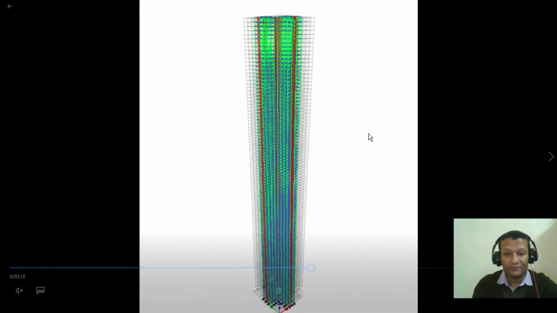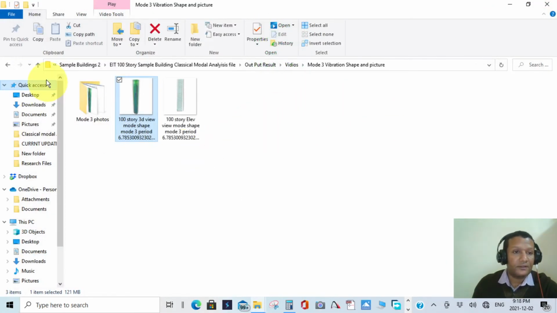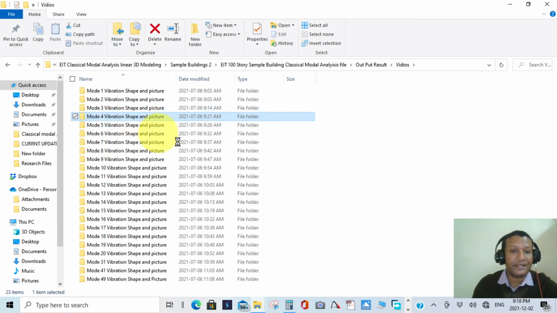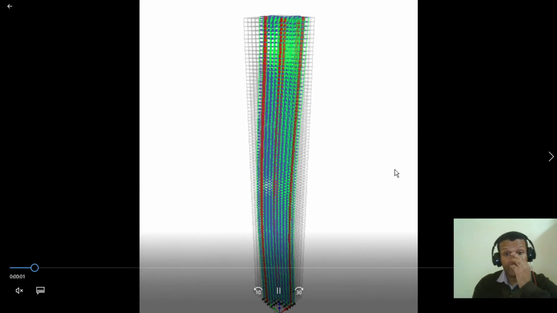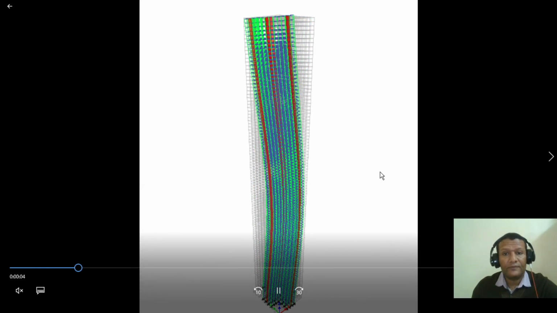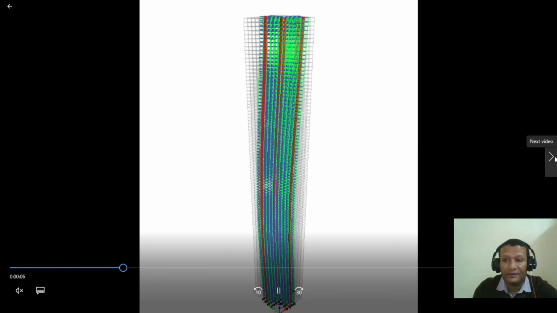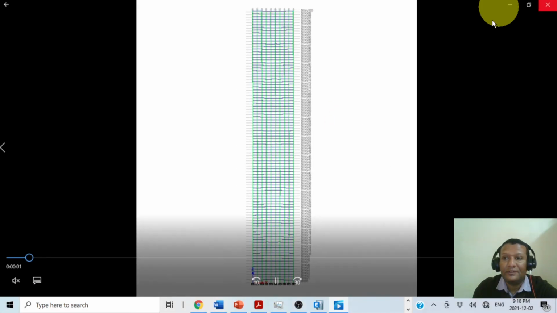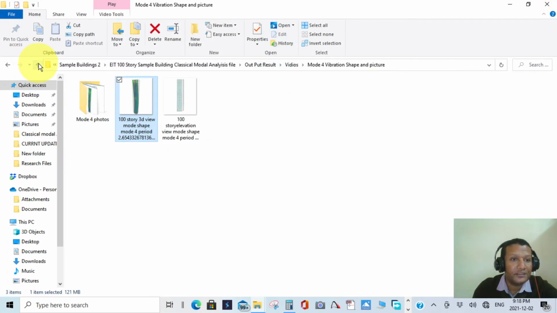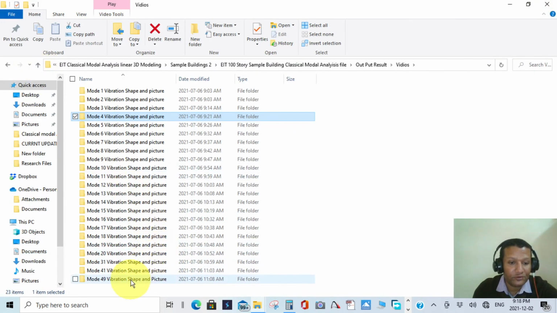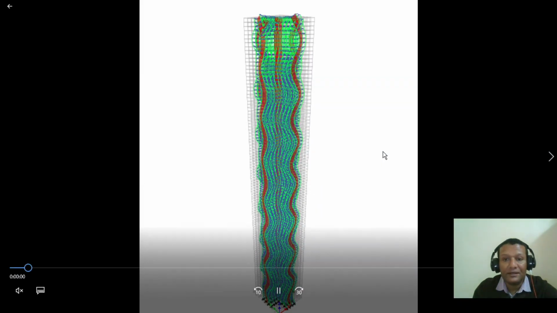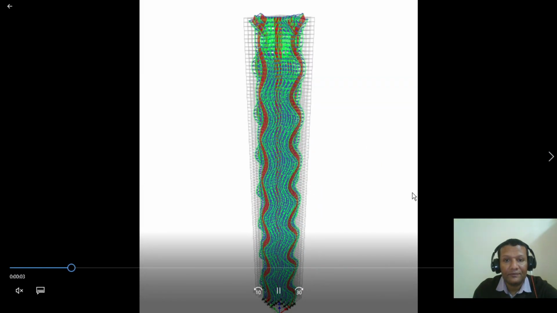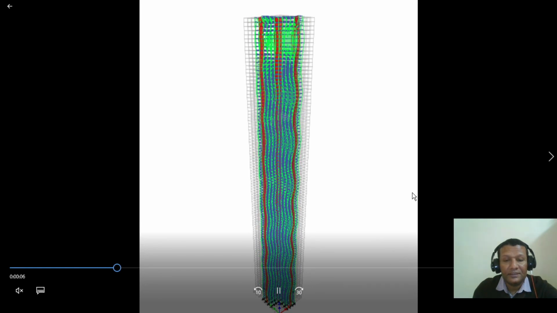And the fourth is the second mode in the X direction. You can see also, and we can continue like this until the higher modes. For example, we have 49 modes, 50, but I made it 49 for the record, and I will show you in a minute. This is a higher mode, you see.